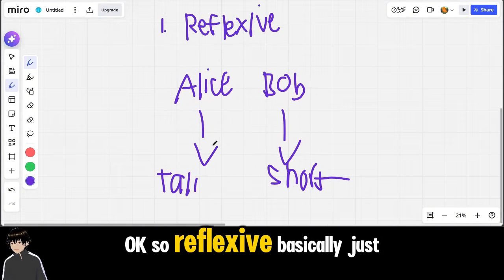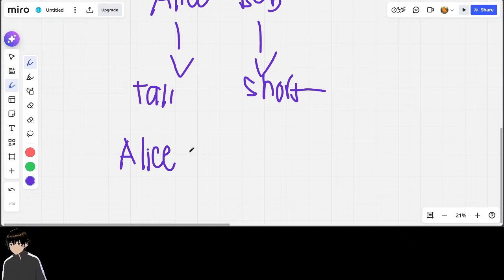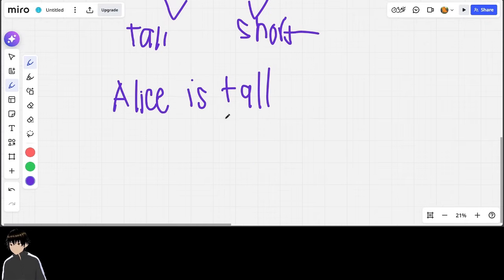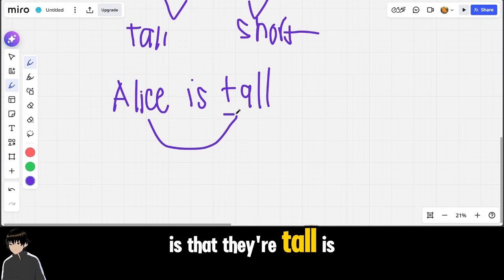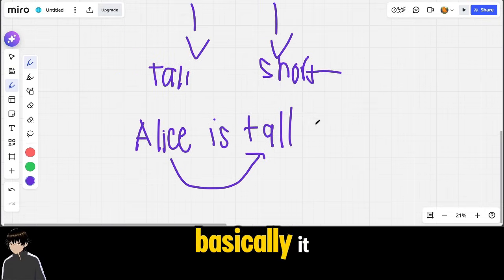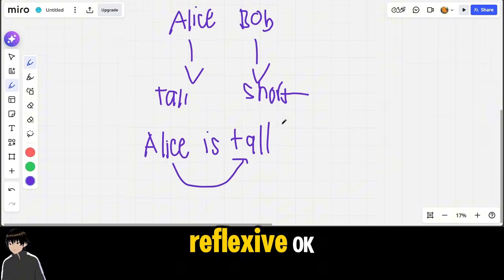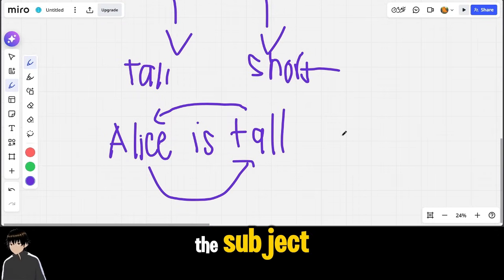So reflexive basically just says that if Alice is tall, then Alice is tall. That's basically it. It basically just goes back to the subject.